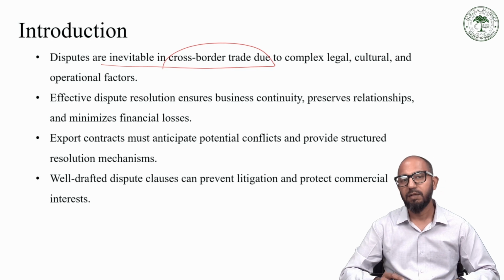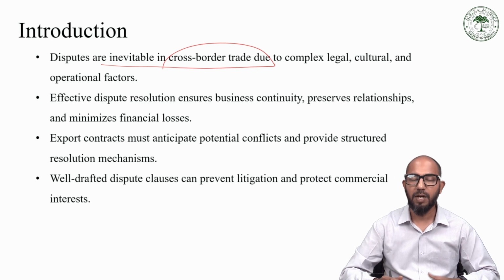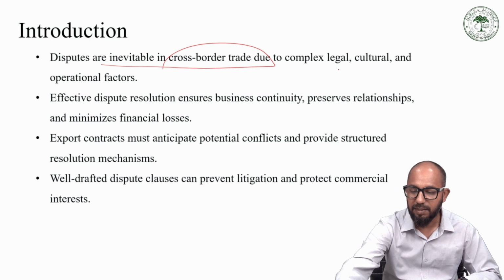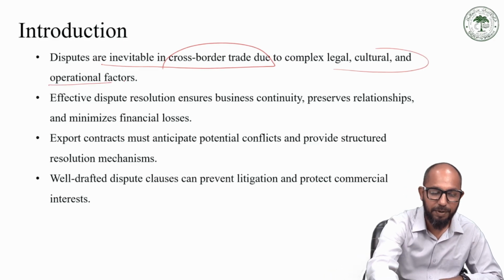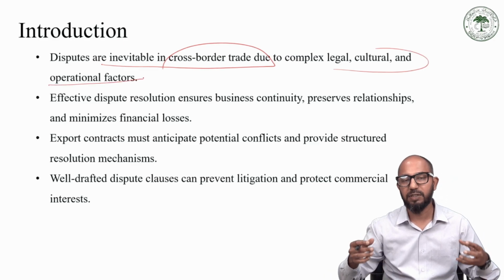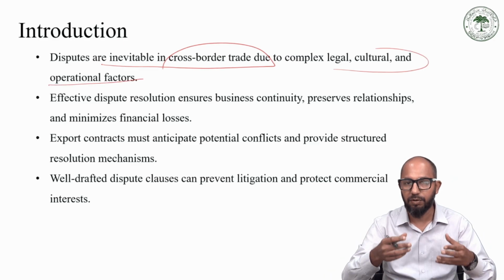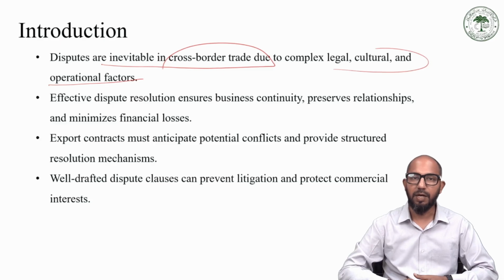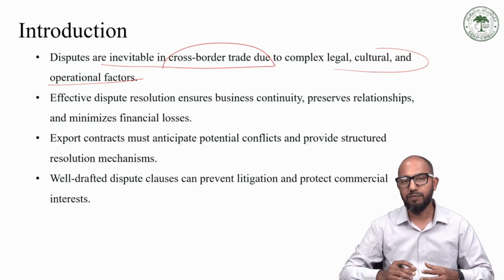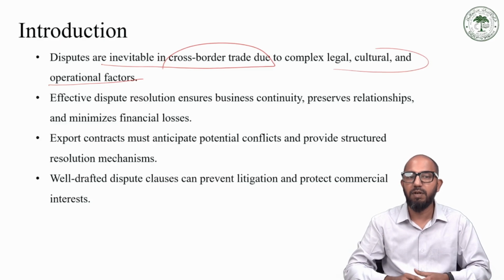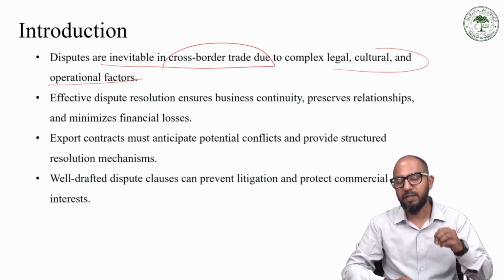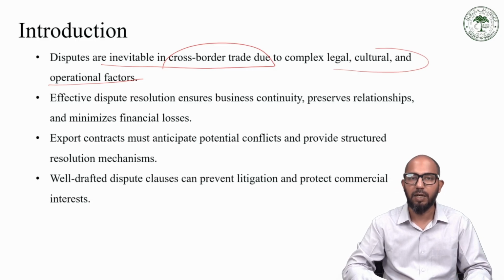The disputes arise due to complex legal, cultural, and operational factors that operate in international trade. Another important reason which we can cite in introductory remarks is that effective dispute resolution is required to solve this problem.